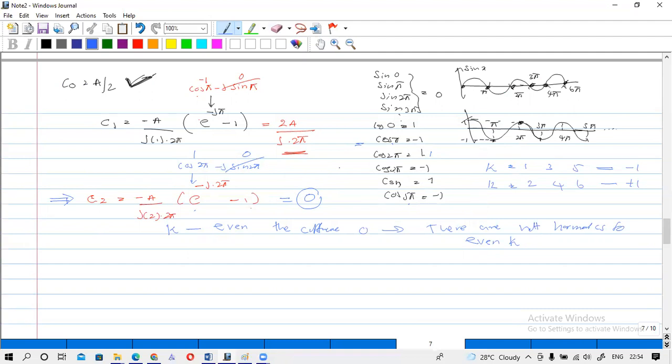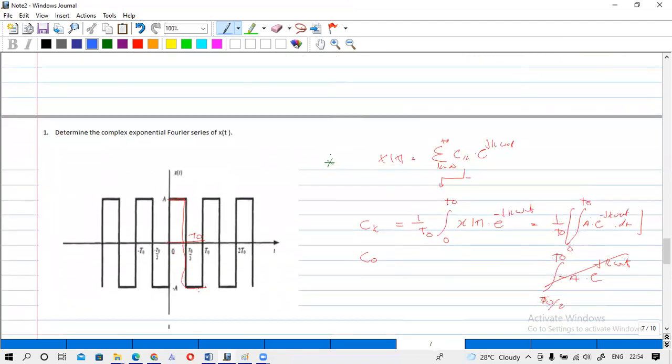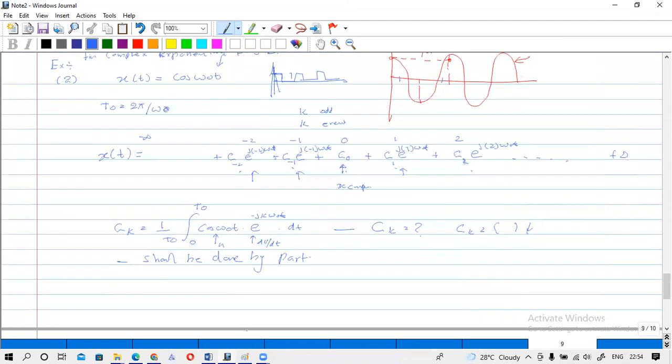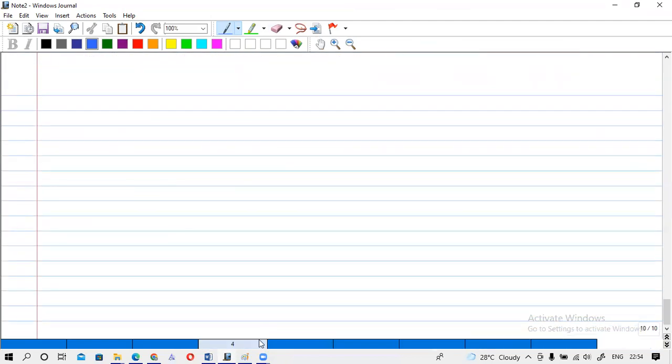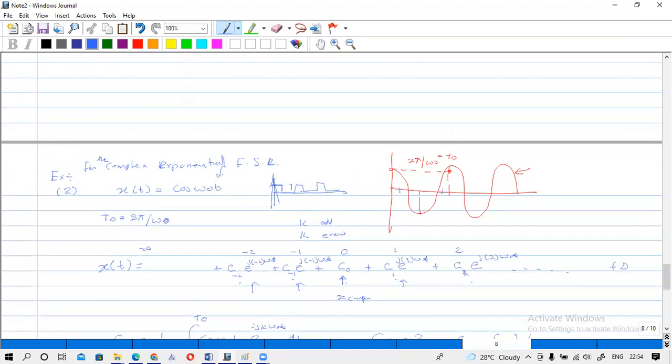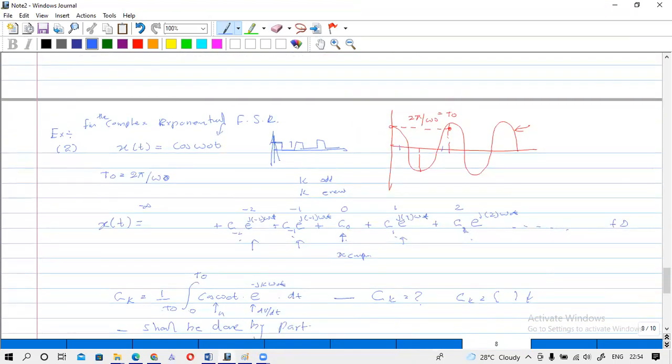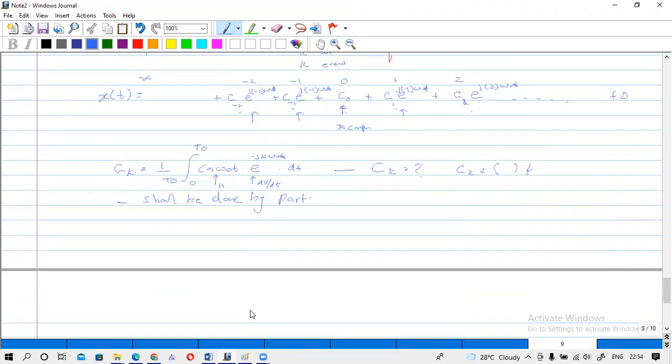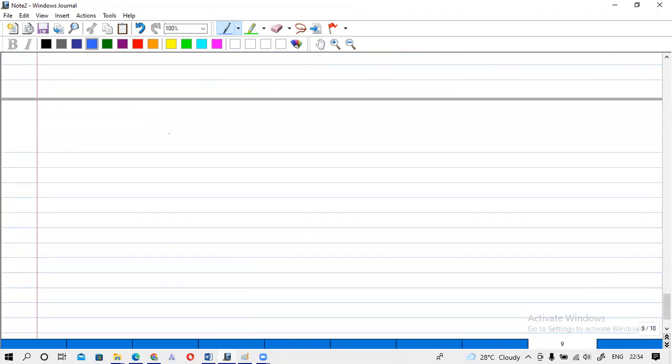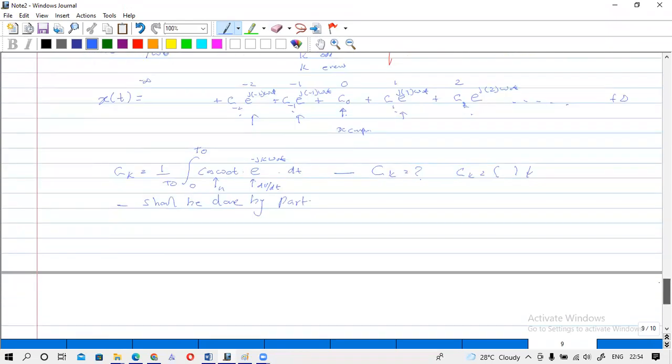So I am trying to find another alternative method to find the complex exponential Fourier series. I hope you get that idea. The first reason is that this integration is hard.